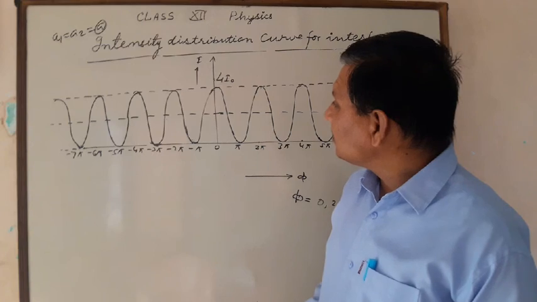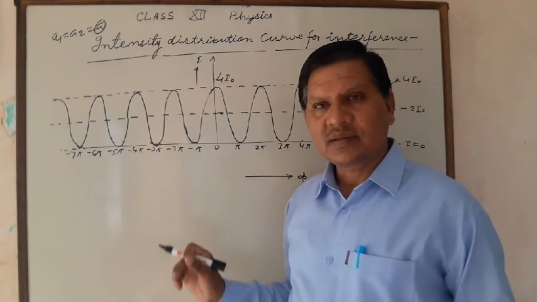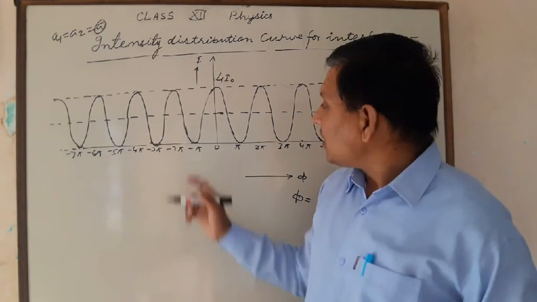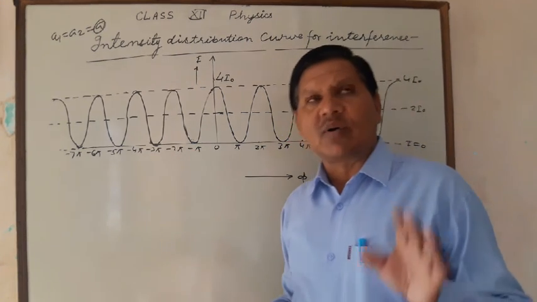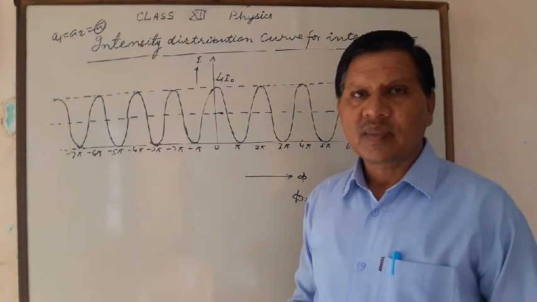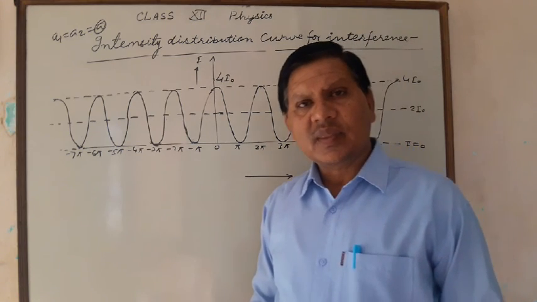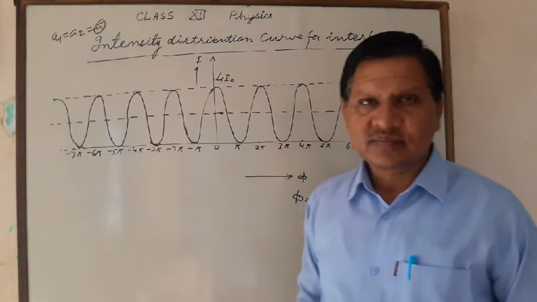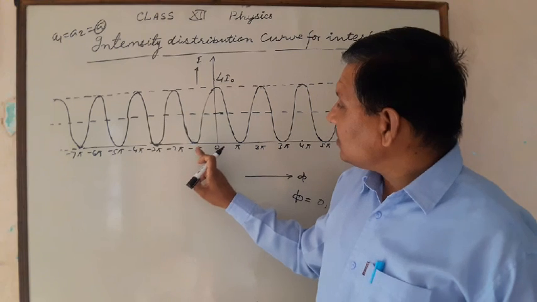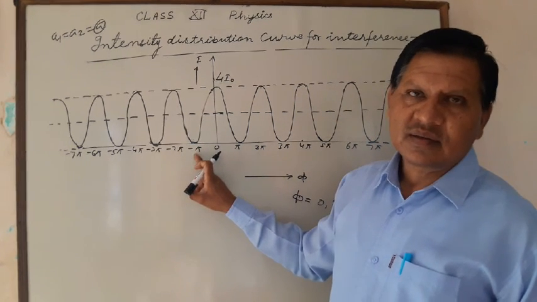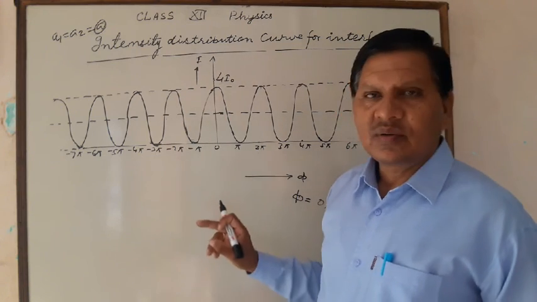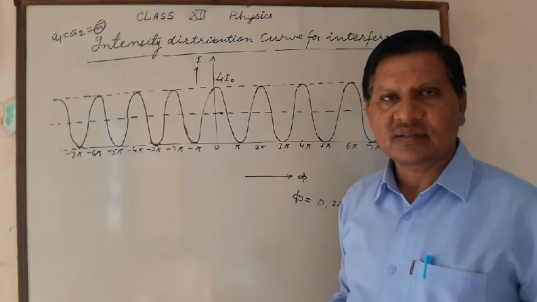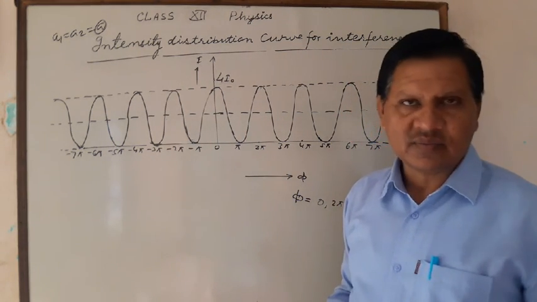Here we see that at the lowest value of intensity, energy is not damaged, but energy is transferred from the minimum intensity point to the maximum intensity point, so energy is conserved.